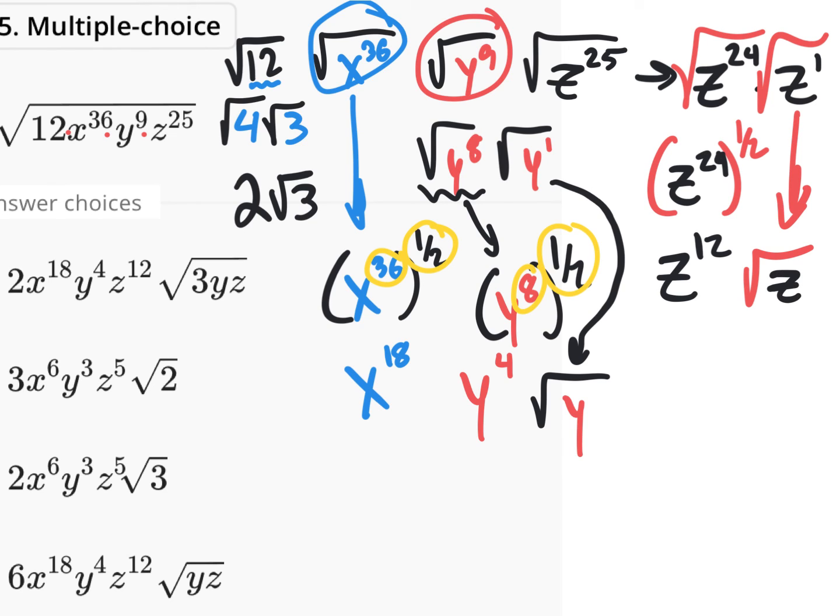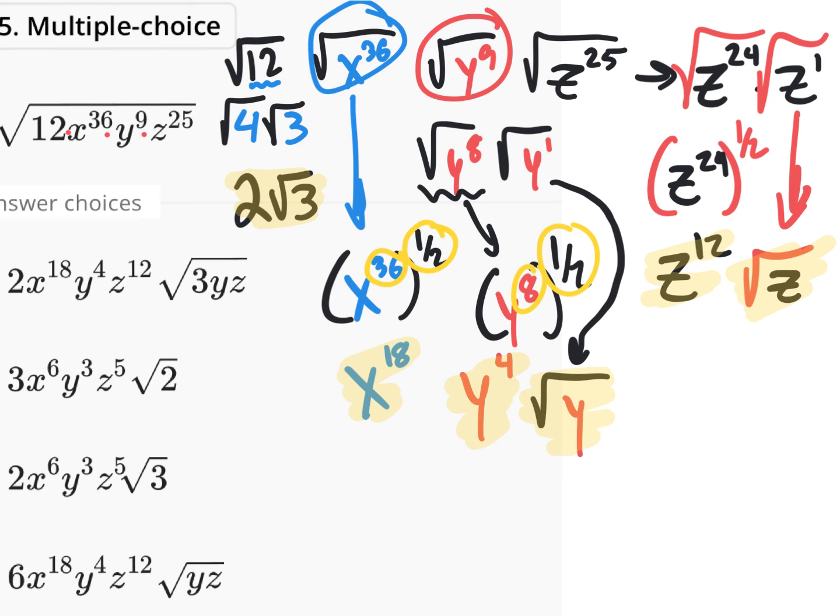So let's look at all of our answers here. I'm going to highlight them. We have 2 square root of 3, we have x to the 18th, we have y to the 4th, we have the square root of y, we have z to the 12th, and the square root of z. So what we need to do is take all of the values that are not in square roots and write them in order out in front, and take all the values that are in square roots and put them all in one square root, okay, in order, right?